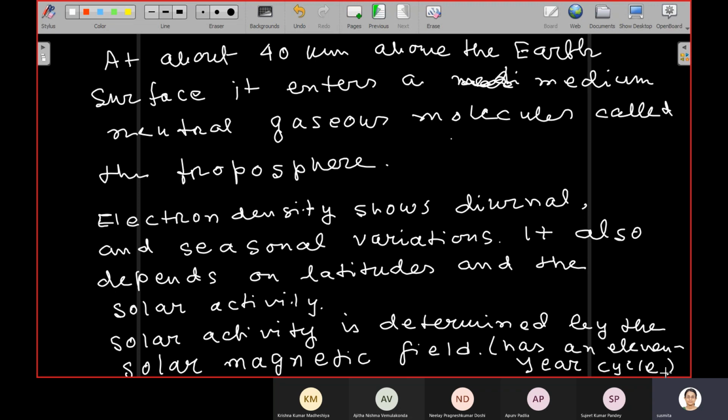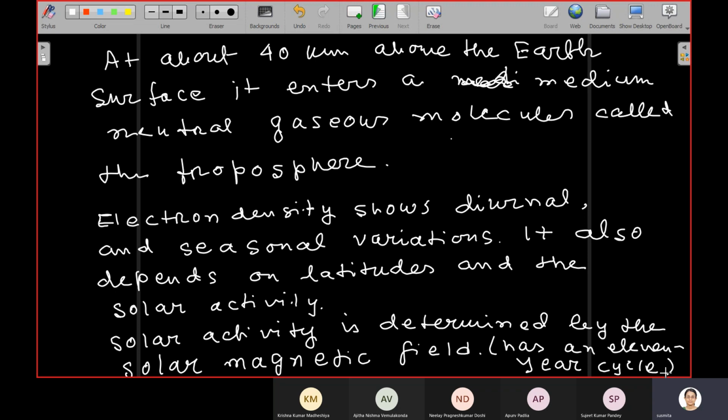So it is characterized by a few years of high activity followed by a few years of low activity. And also the polarity of the solar magnetic field reverses every 11 years.